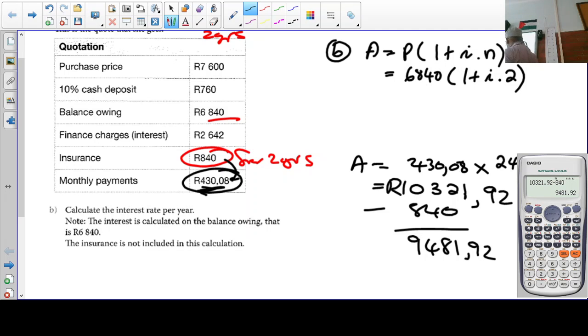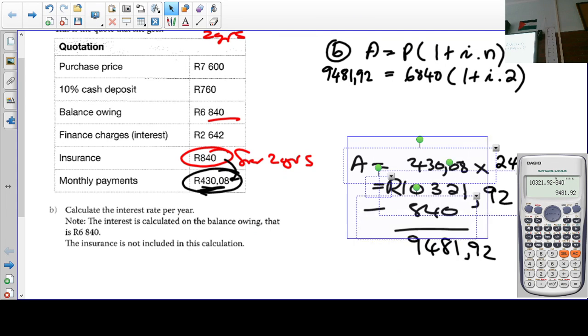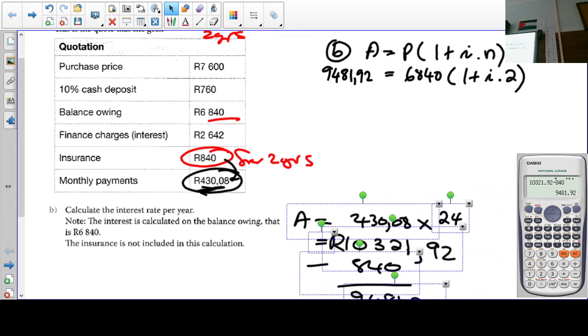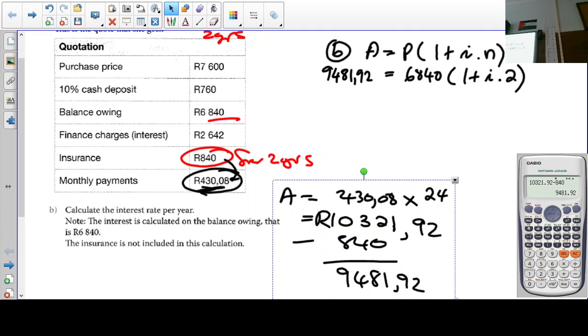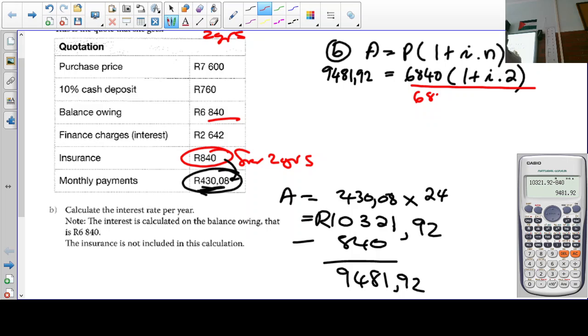Okay? So it's going to be 9,481,92. So how do I calculate i? How do I calculate i? First divide by 6,840, both sides. 6,840 cancels.